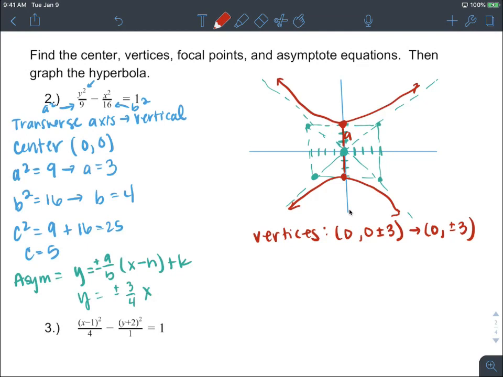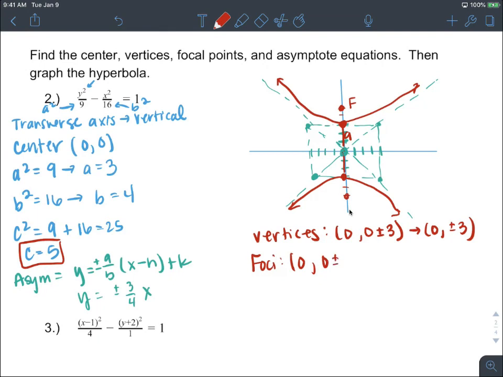Okay. My foci, I started at 0, 0. My foci distance is 5, so I'm going to count up from the center, 1, 2, 3, 4, 5, and down 1, 2, 3, 4, 5.